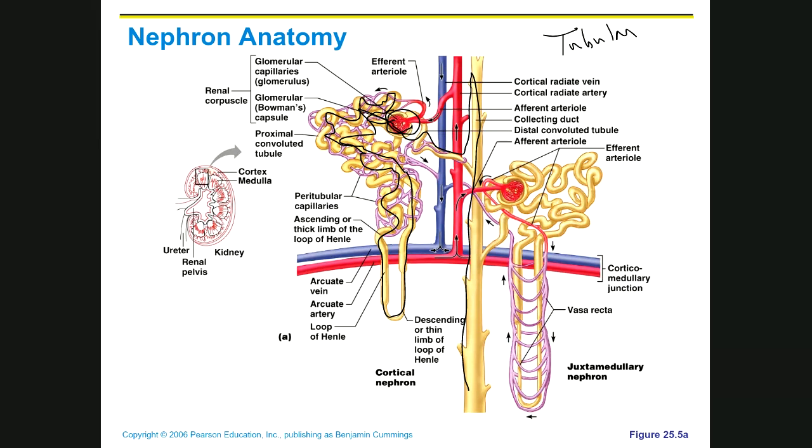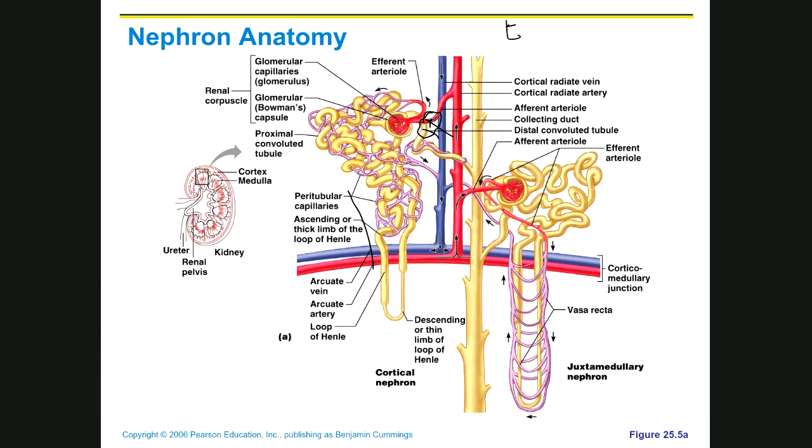And then the last thing we talked about was right here, where the afferent arteriole and the distal convoluted tubule touch each other, is a special part. That part regulates the flow through this nephron. Remember, if you look at the afferent arteriole, we have these cells called JG cells.